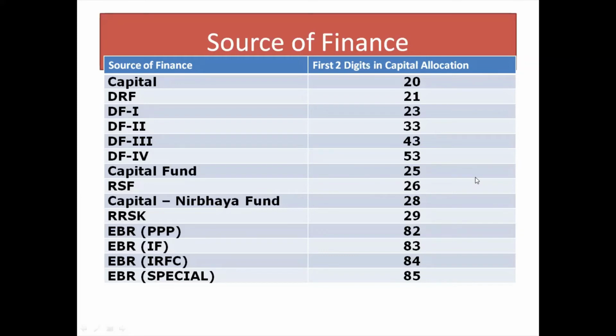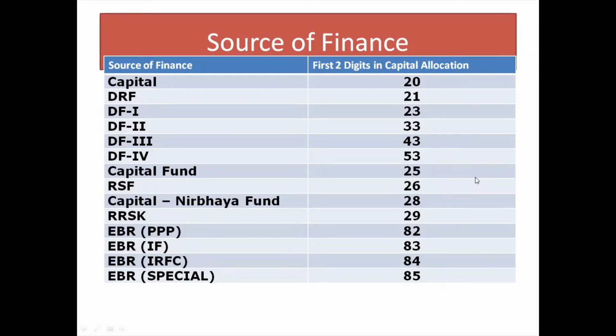Capital is 20, DRF is 21, and capital fund is 25. And development fund is divided into 4 categories: development fund 1, 2, 3, 4. The allocations are 23, 33, 43, 53. Please remember this. Okay.